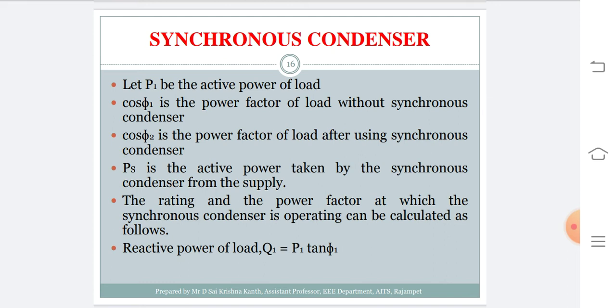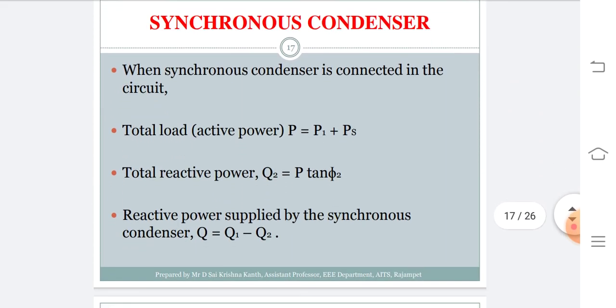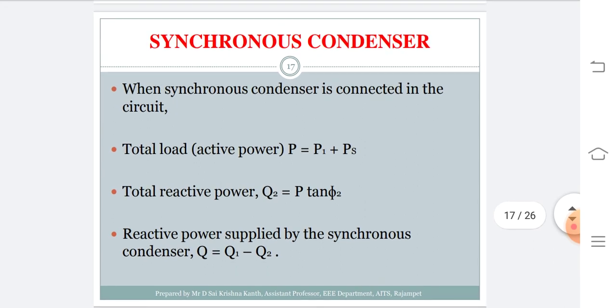Since P1 and cos φ1 are the active power and power factor, the reactive power of the load before installation of the synchronous condenser is given as Q1 equals P1 tan φ1. After installation of the synchronous condenser, the total power drawn is P1 plus PS. So the total reactive power of the load, Q2, equals (P1 plus PS) tan φ2.